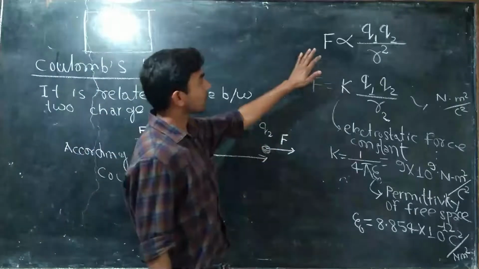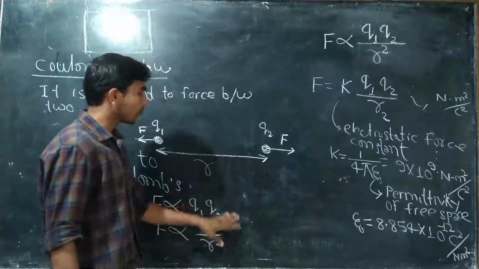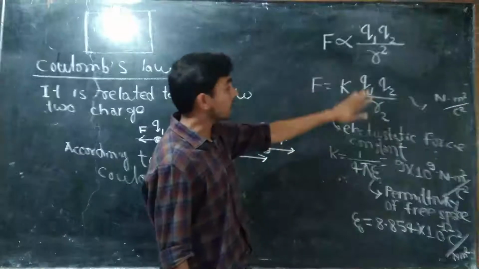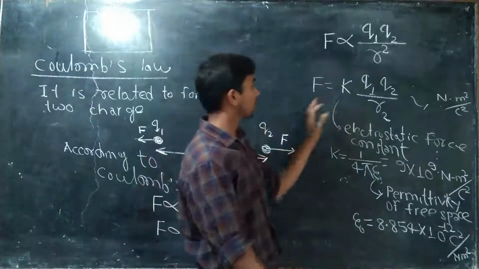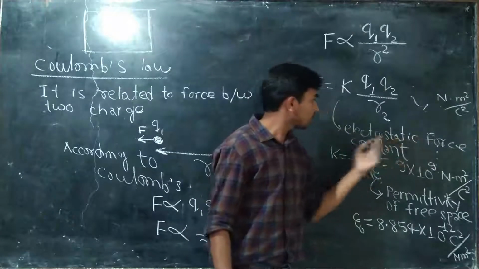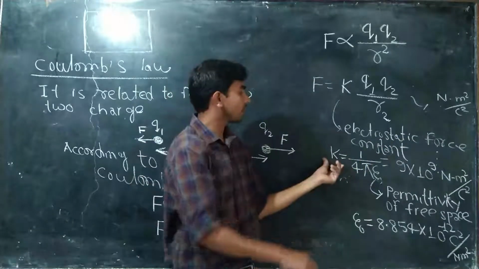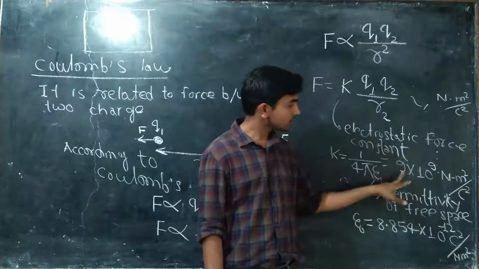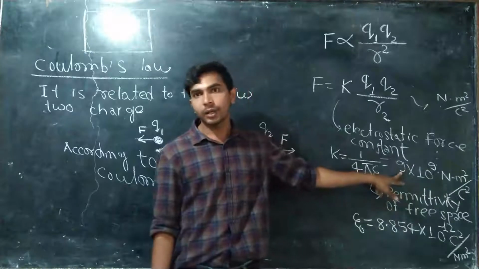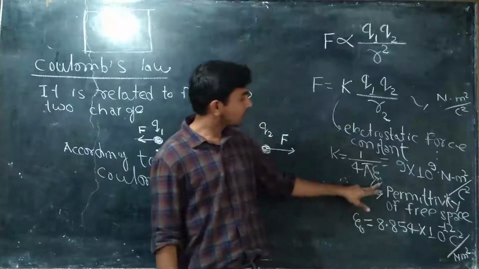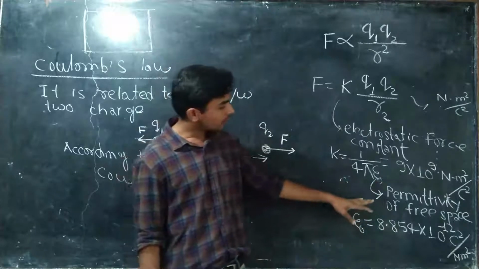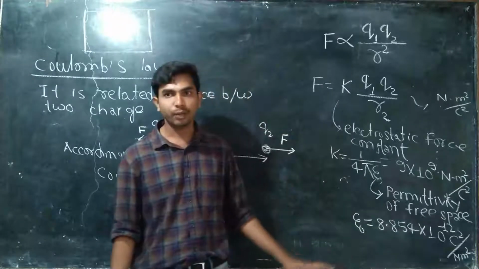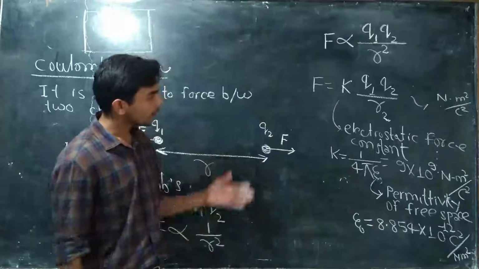If I remove the proportionality sign, a constant comes here, known as the electrostatic force constant, equal to 1 by 4 pi epsilon 0, with numerical value 9 into 10 to the power 9. And epsilon 0 is known as permittivity of free space, which is equal to 8.854 into 10 to the power minus 12. So these are the constants.